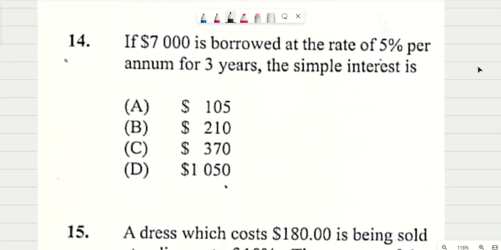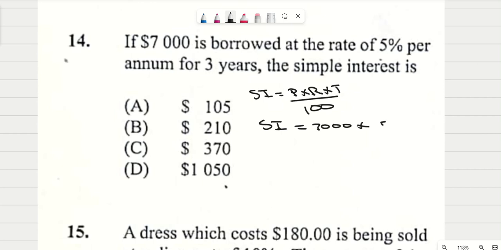Right, this question here, remember this one, this is going to be repeated as well. It said if $7,000 is borrowed at a rate of 5% per annum for 3 years, the simple interest is. Please note that simple interest is principal multiplied by rate multiplied by time all over 100. The principal is how much you borrow, so your simple interest is equal to 7,000 multiplied by a rate, which is 5, multiplied by 3 all over 100.